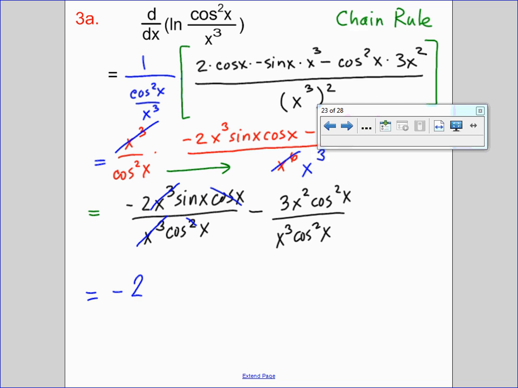And what's sine of x over cosine x? Minus cosine squared x over cosine squared x. And x squared over x cubed. So minus 3 over x.